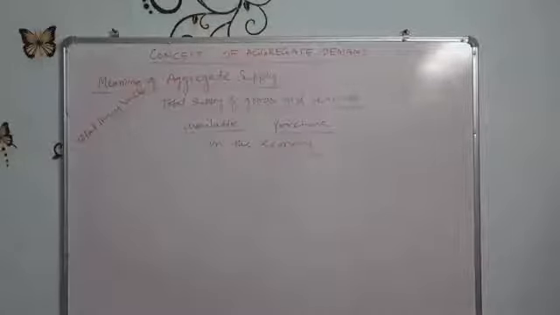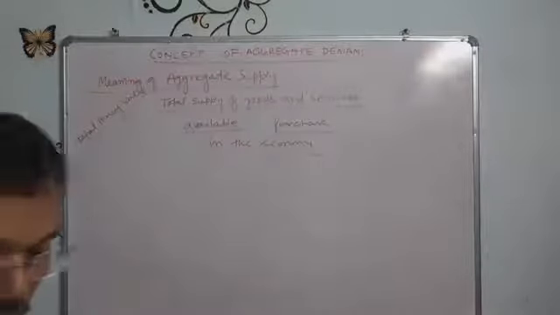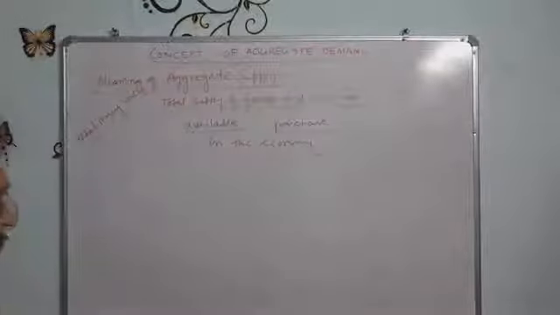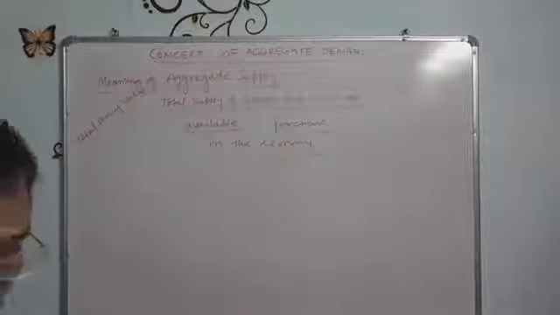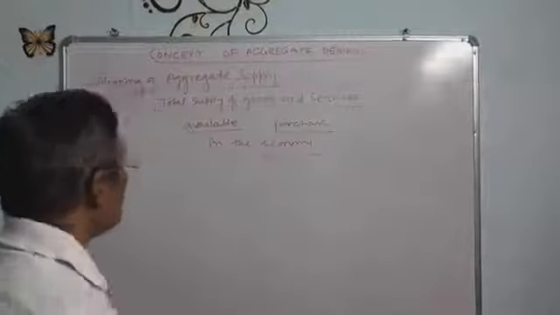So again I repeat, what do we know as aggregate supply? The aggregate supply is the money value of the total supply of goods and services available for purchase in the economy during the given period.